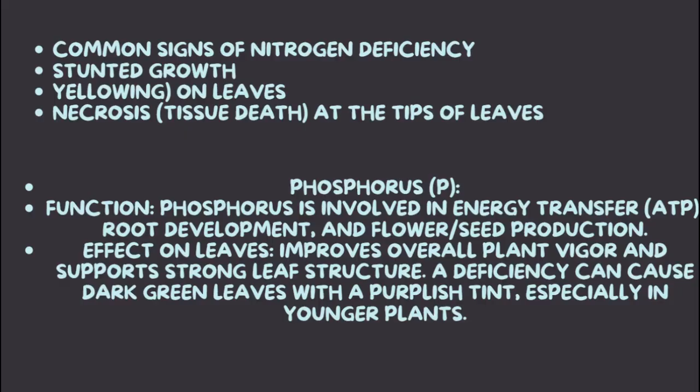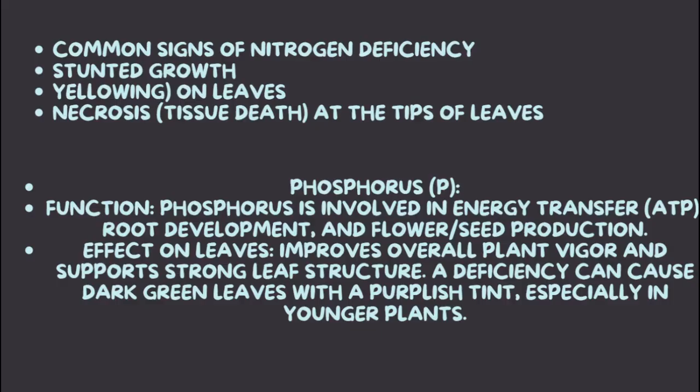Then phosphorus. We know that this mineral is mainly involved in energy transfer. So basically all that ATP, it helps the plant with energy. Root development, flower and seed production, all of those things require a lot of energy in order to absorb the water from the root. Even when the seed and the embryo are being formed, that requires a lot of energy.